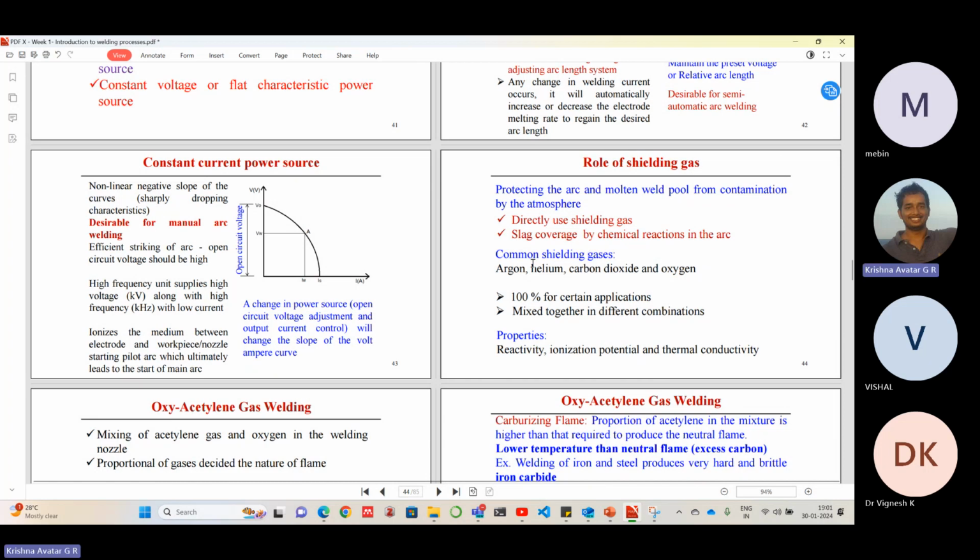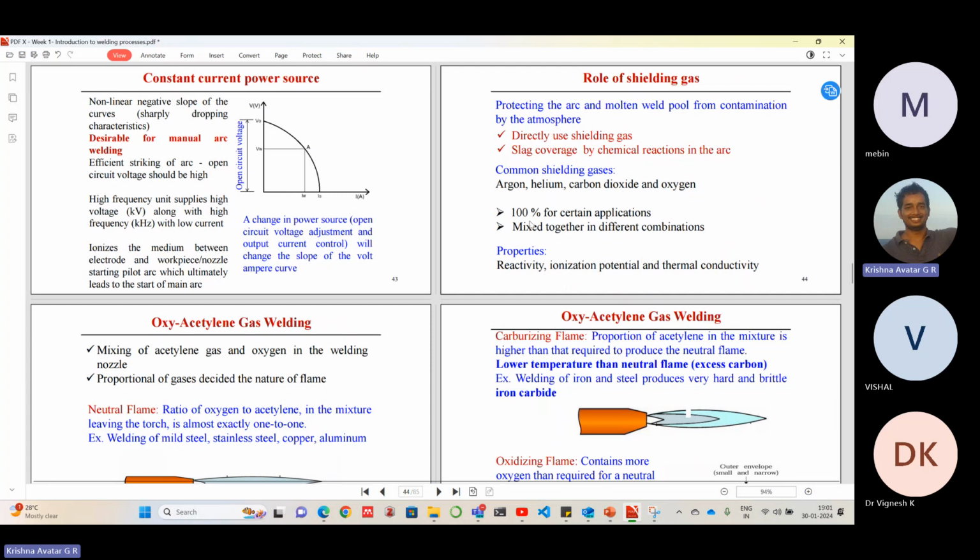The common shielding gases that we use are argon, helium, carbon dioxide, and oxygen. They are used 100% for certain applications and could be mixed together in different compositions. We have to specifically look at the reactivity, ionizing potential, and thermal conductivity.